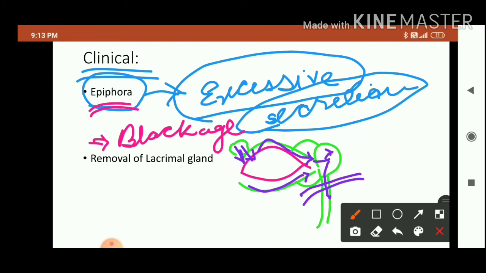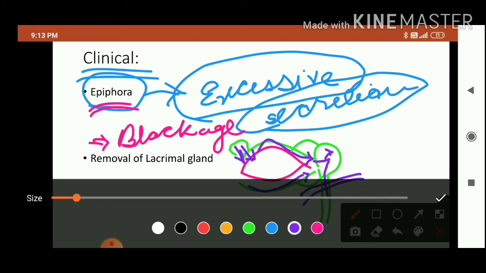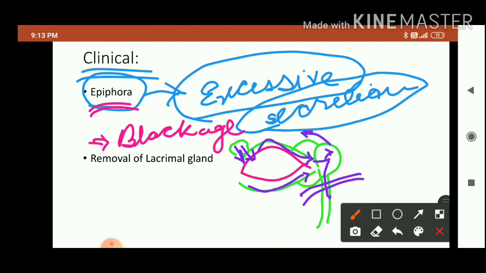Now, if there is any blockage, then what will happen? The flow of the lacrimal fluid downwards through the nasolacrimal duct is obstructed, and hence there will be a backward flow of the lacrimal fluid, and it will flow out of the conjunctival sac, and you will see that the fluid will flow over the cheeks. Yes, the person is constantly crying, and this will give rise to epiphora.